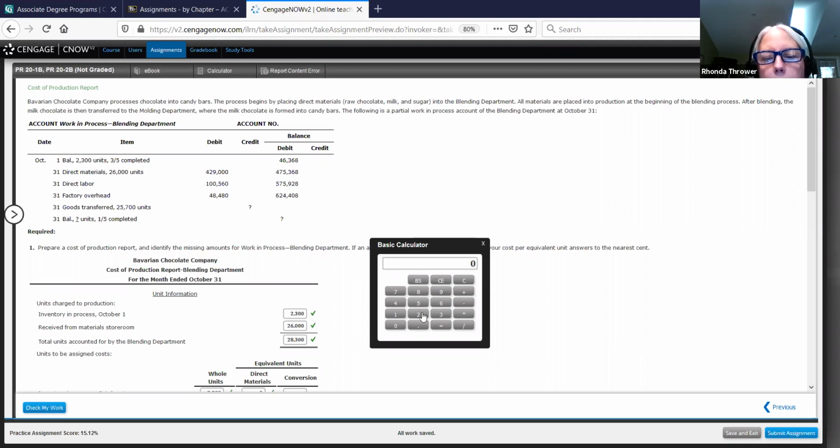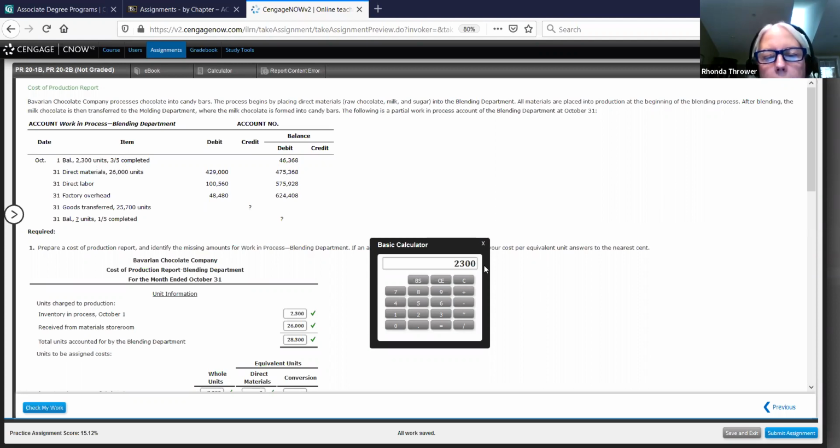And that is found by taking the total beginning inventory units of 2,300 and multiplying this by the complement of what was completed last period. So if you completed 3/5 in September, the remaining 2/5 of these units have not been finished with respect to conversion.